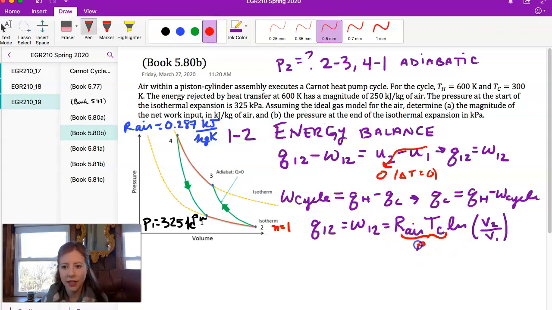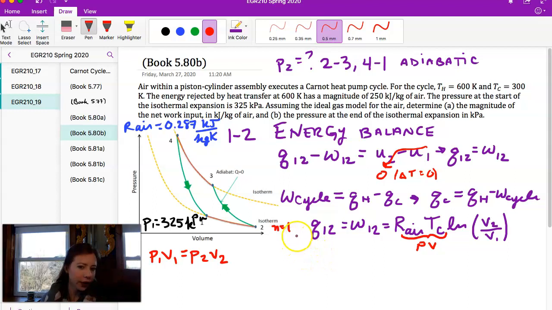So we're starting to put some pieces together, right? Because we're looking for P2. Hopefully you're starting to see the path that we can follow to solve for P2. So we know that P1 V1 is going to equal P2 V2 for n equals 1.